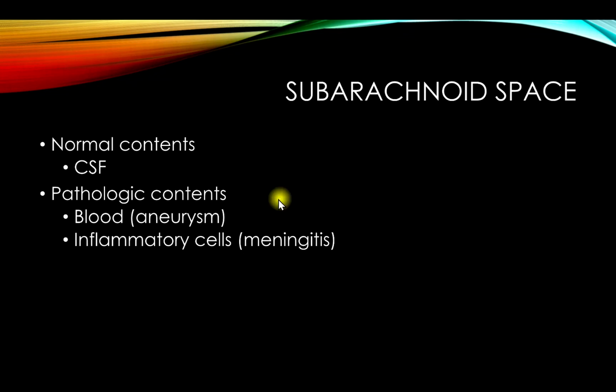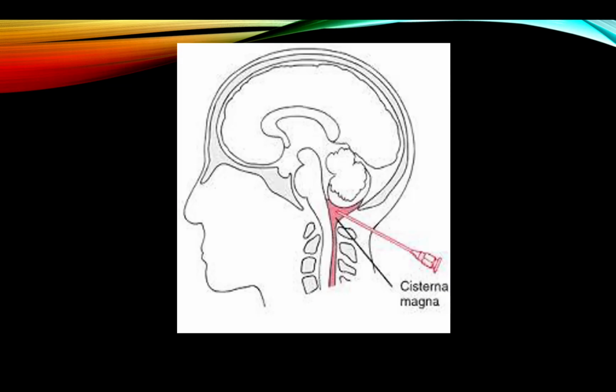Okay, so again, normal contents, cerebrospinal fluid. If we find a lot of red blood cells, the patient had a ruptured aneurysm or subarachnoid hemorrhage. If we find a lot of inflammatory cells, the patient has a meningitis. And then we can do studies on the spinal fluid to determine is this a bacterial or a fungal or viral meningitis. So the other focal enlargement of subarachnoid space is the cisterna magna.